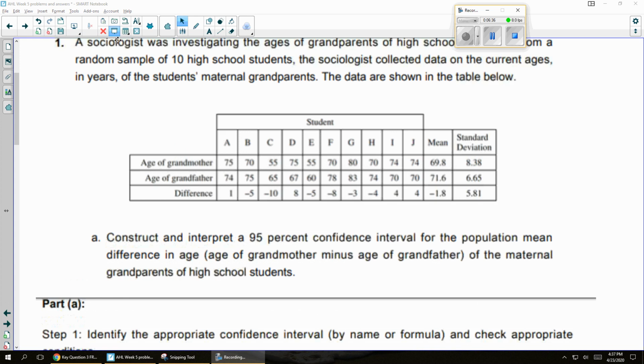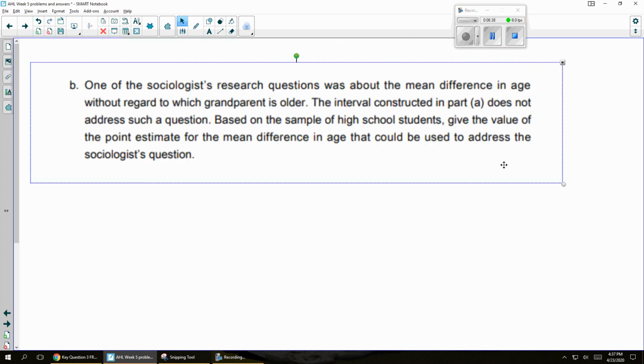Okay, so part B says we want to know about the mean difference in age regardless of which grandparent is older. So the interval that we did not address that. Based on these 10 differences, give a value of the point estimate for the mean difference in age that could be used to address the sociologist's question.